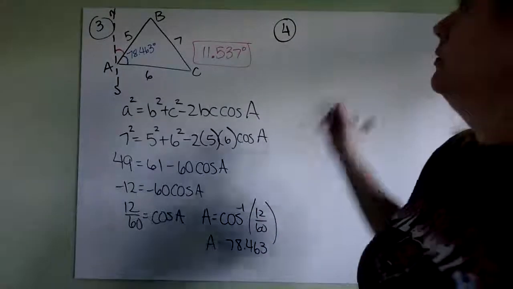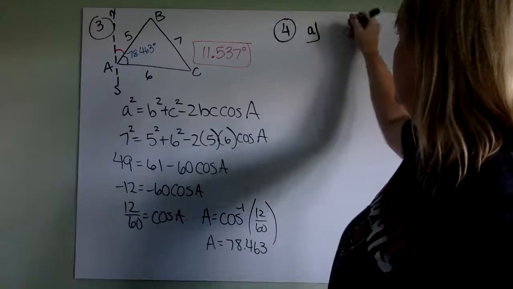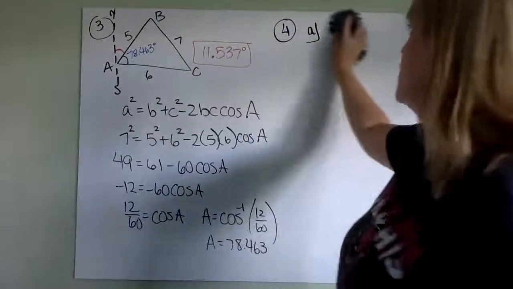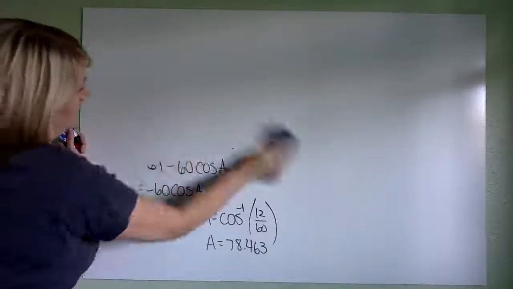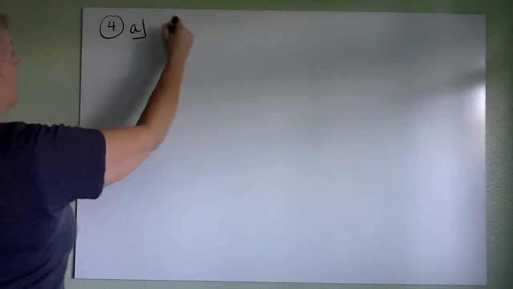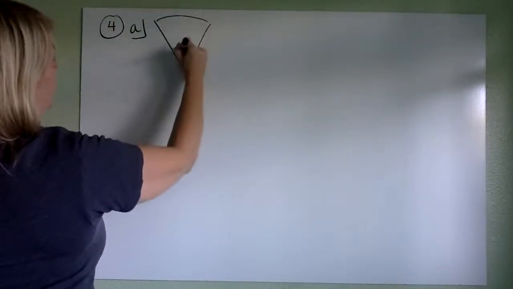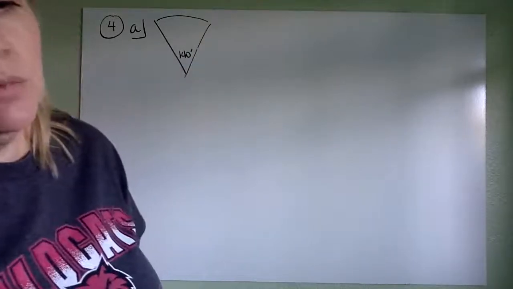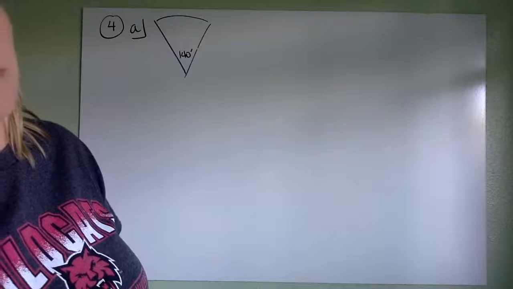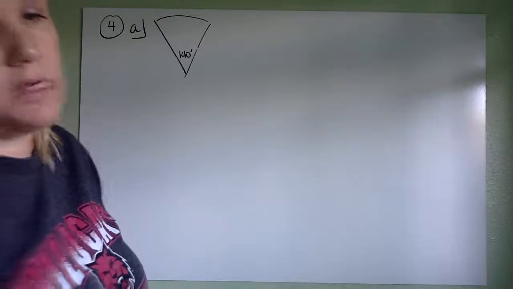Four has 2 parts. A silk fan, actually, I'm going to erase all of this. Okay, a silk fan when opened completely, rotates through an angle of 140 degrees and has an area of approximately 83.